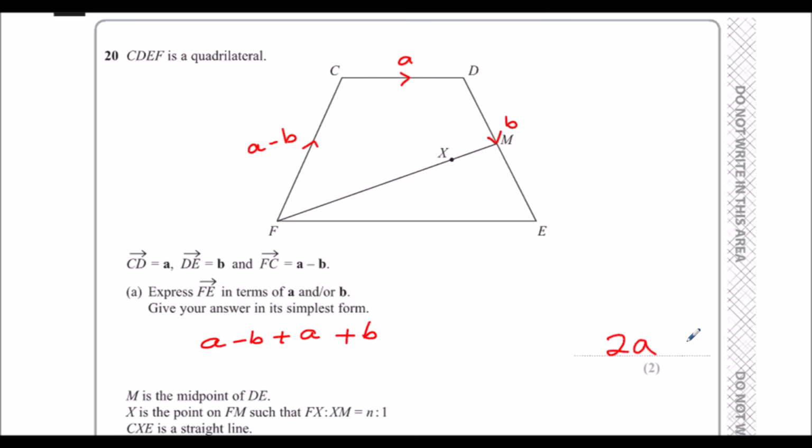And for B's we've got negative B plus B, which is nothing. So that is 2A. So F to E is called 2A.